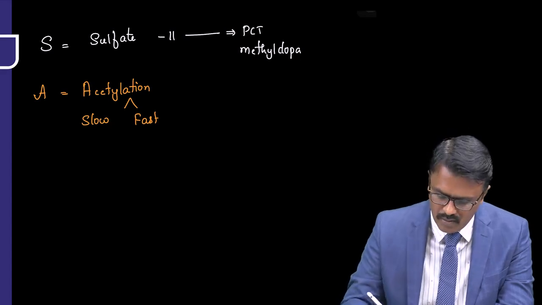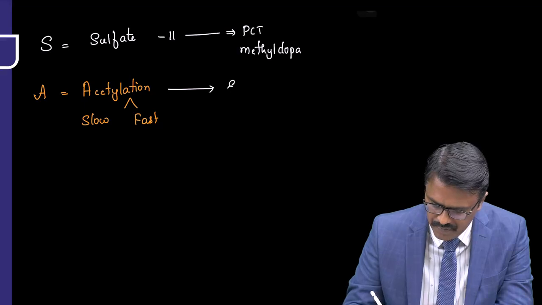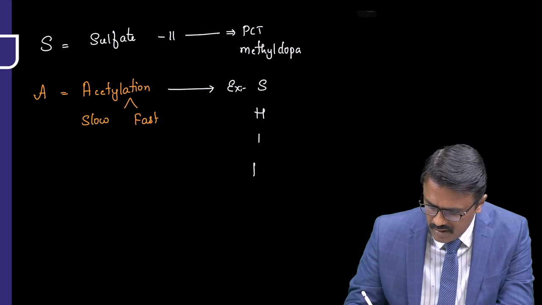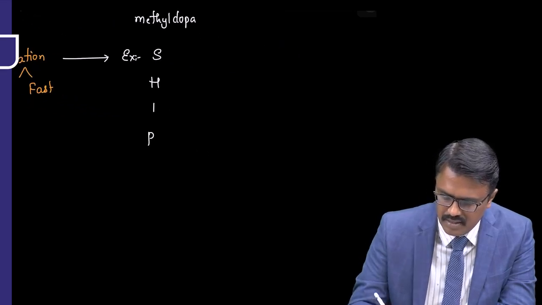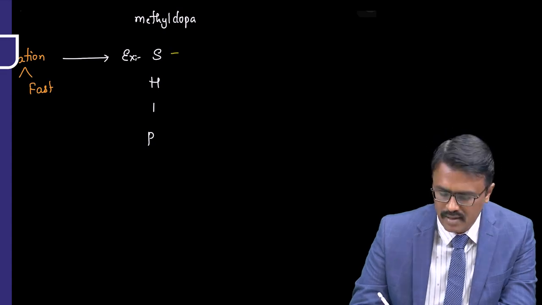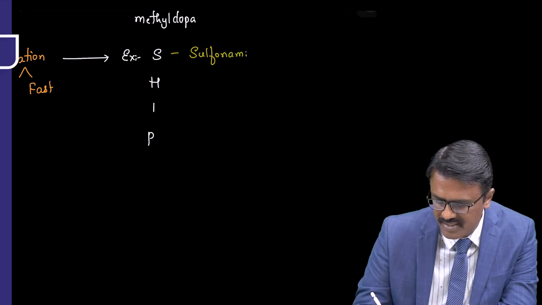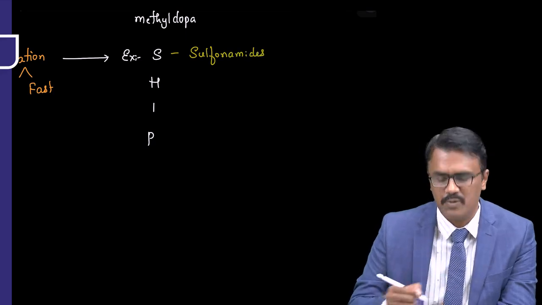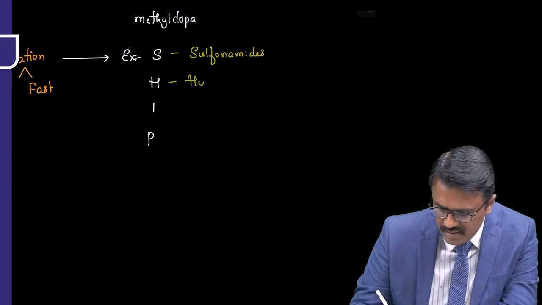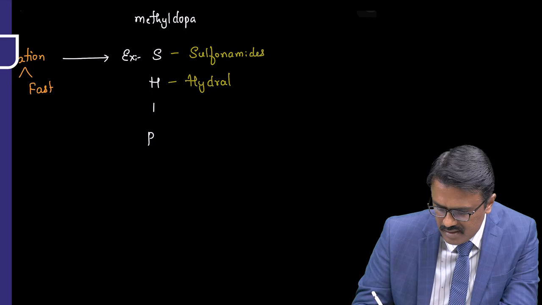Now, what drugs undergo this? Example. So the example is the SHIP drugs. So what do you mean by SHIP drugs? S stands for sulfonamides. Yes, sir. H for hydralazine.